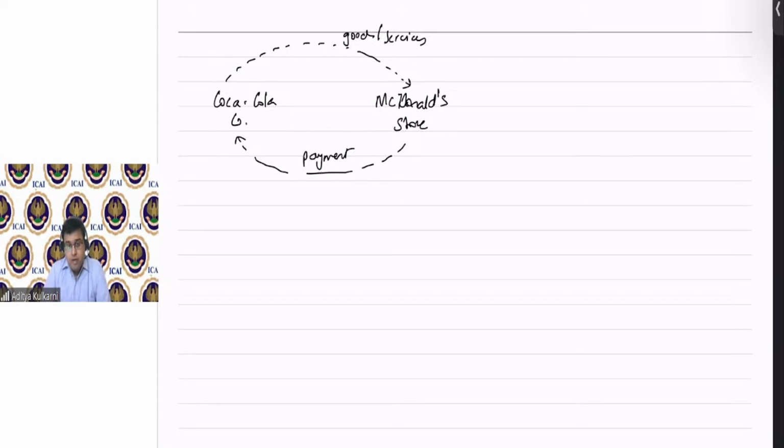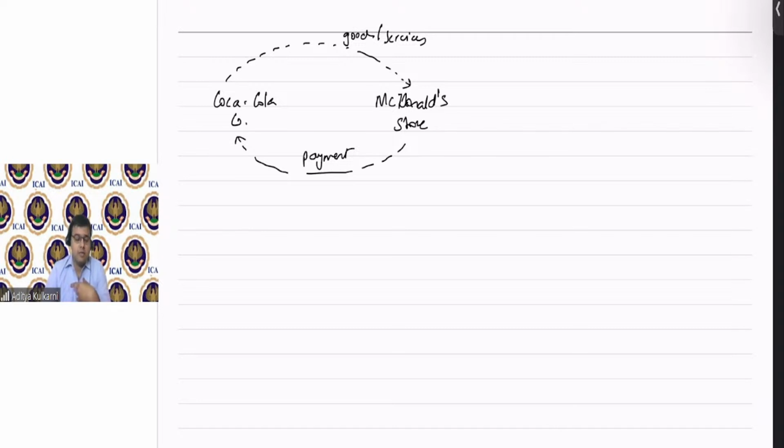Now, McDonald's will say, you expect me to exclusively enter into a tie-up with you. You expect me to store your beverages. You expect me to do marketing and branding services for you by putting your label on the beverage dispensers.